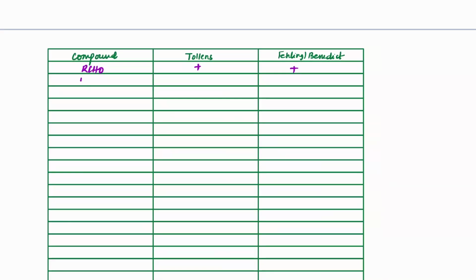PhCHO: positive, negative. Got it? CHO CHO: positive, positive, negative. And RCOR, ketone: negative, negative, negative. Ketones, both of them are negative.